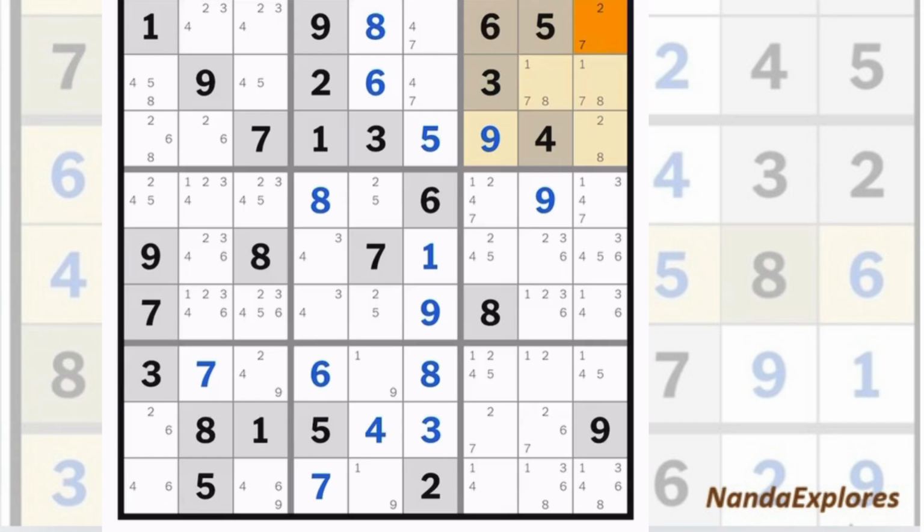Then if you come to this last column, we have again 1, 2, then 3, then a lot of 4s, then 5, there are 2 5s, then a lot of 6, then 7, then 8, and so now we need to look at some sort of unique combination within the row, column, or a block.